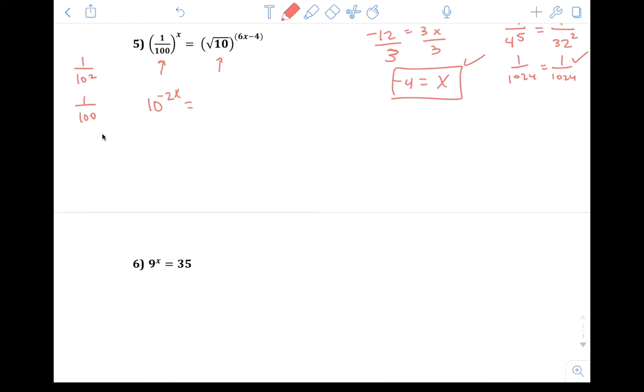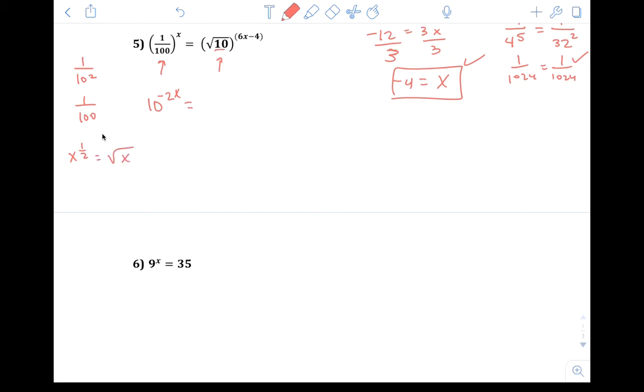So I've got 10 to the negative 2x. 10 with the square root. Remember, a square root is to the 1/2 power. From unit 7 and 8, x to the 1/2 power is the same thing as square root of x.